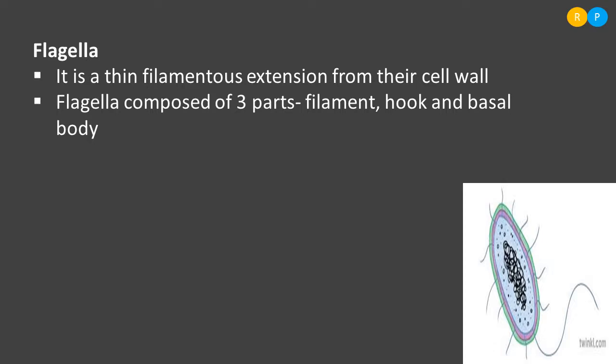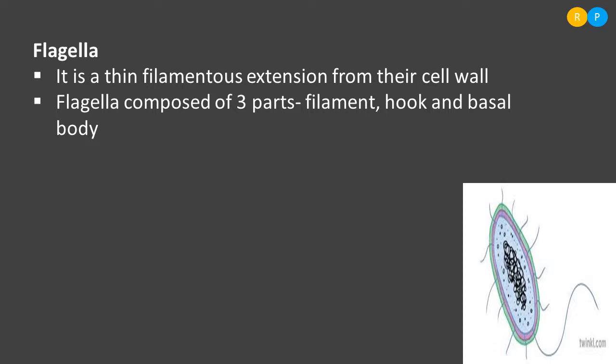Flagella are composed of three different parts. To the outer side, the long whiplash structure appearing in the diagram is called the filament. The filament is just one part of the flagellum, and the filament is connected to the structure named the hook. The hook is located towards the cell wall region of the bacterial cell, and the base of the flagellum is named the basal body.